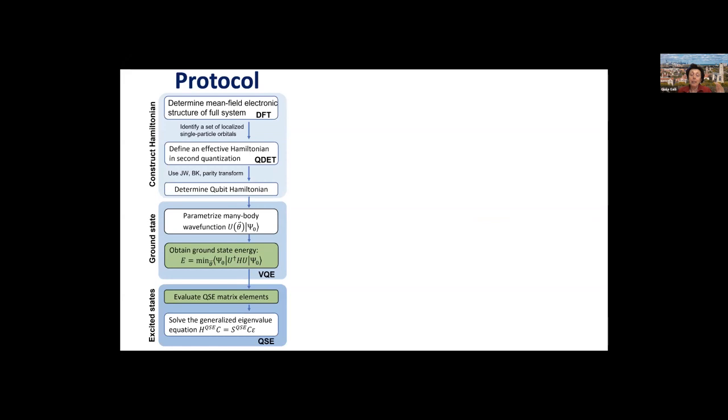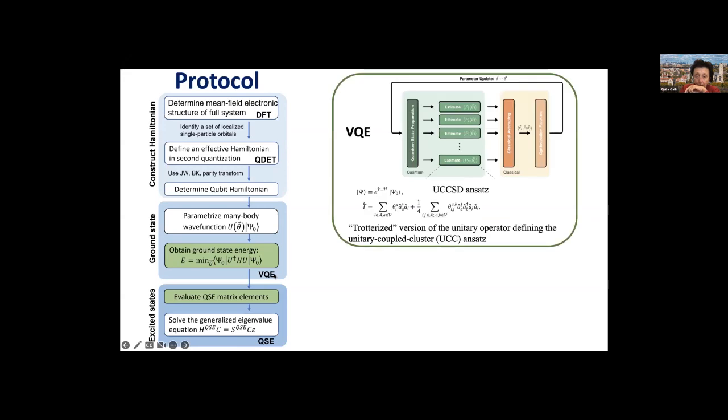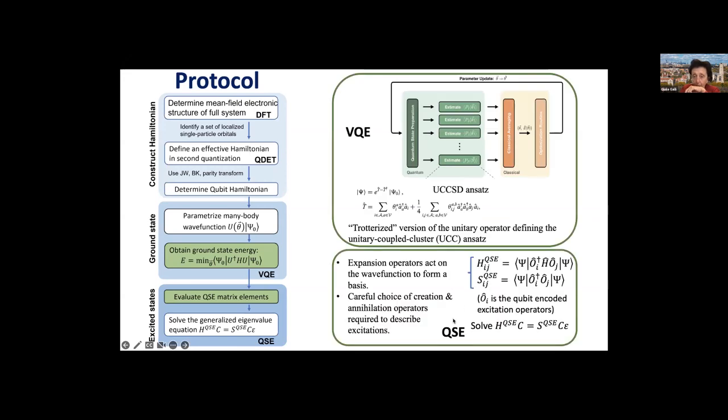We write a parameterization of the wave function, and then on the quantum computer, we do the variational quantum eigensolver and quantum phase estimation algorithm. The upper part is for the ground state, and the lower part for the excited states. So we have a big preparation on a classical computer, then the transformation to qubits, and then we do the calculation on a quantum computer.